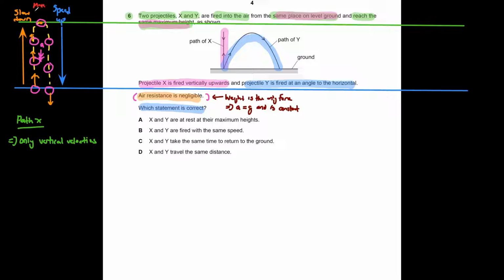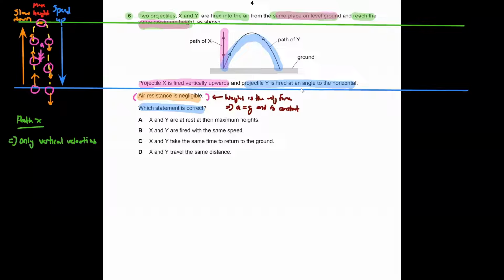This point here is your maximum height. Okay, then when it starts to move downwards, your velocity will start to get larger and larger again because you're speeding up. So your arrow length will become larger and larger. Okay, so that's what's happening for path X here.